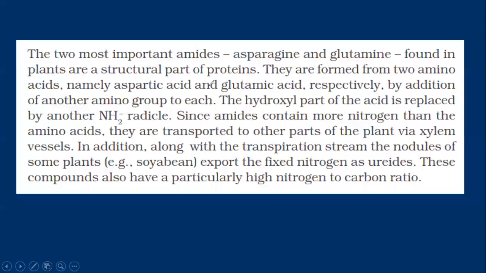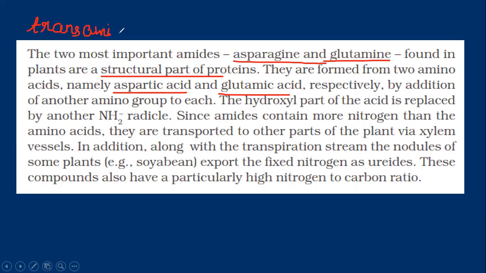I have cut out the same from the NCERT: the two important amides, that is asparagine and glutamine, found in the plants as a structural part of the protein. They are formed from two amino acids, namely aspartic acid and glutamic acid respectively, by the adding of the amino group by the method of transamination.